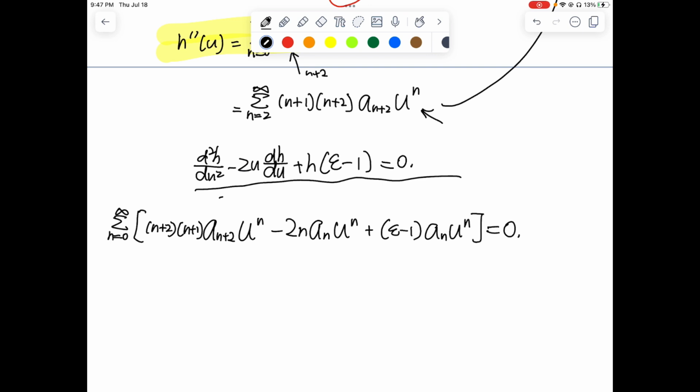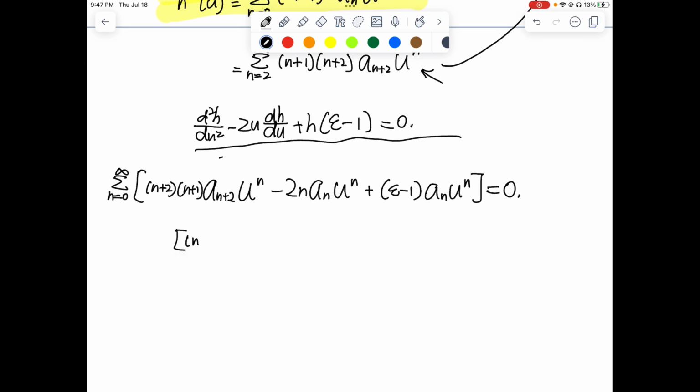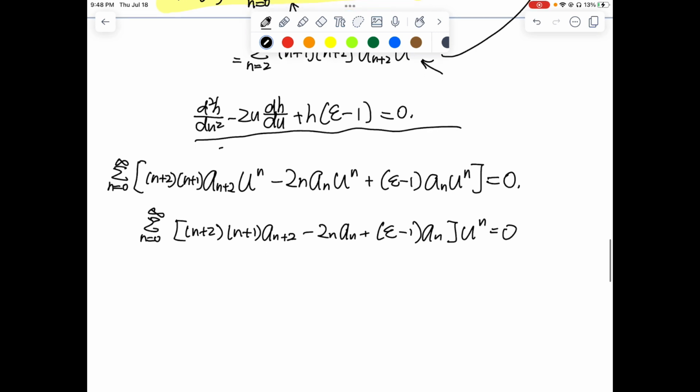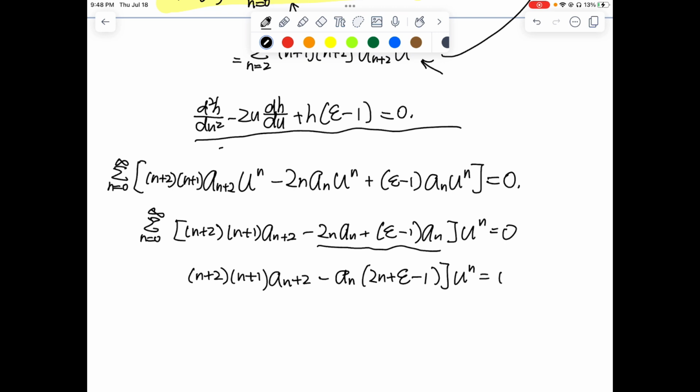We can simplify it a little bit, and we can also combine the last two terms in these two brackets. We can factor out a n, so we get 2n plus epsilon minus 1 times u to the n equals 0.